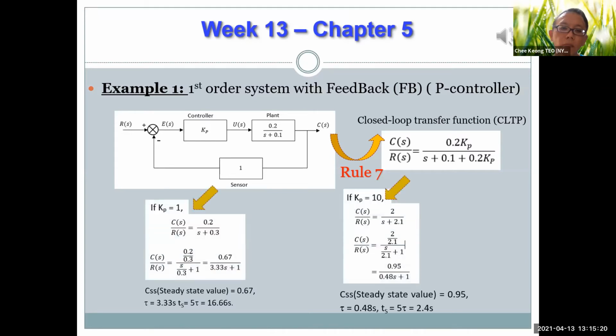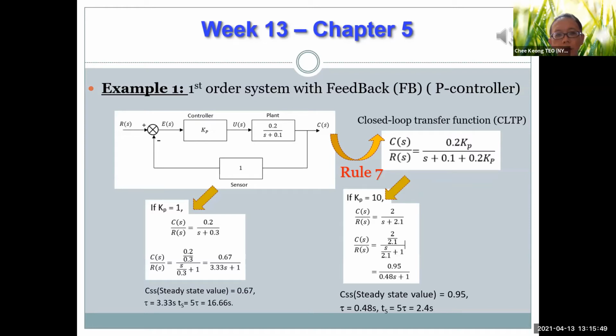If we let Kp equal 1 and 10 and substitute into the C(S) over R(S) first order equation, we will realize that the settling time for Kp equal 1 and Kp equal 10 will be 16.66 seconds and 2.4 seconds respectively. Here, it clearly shows a reduction in settling time when Kp is increased from 1 to 10.